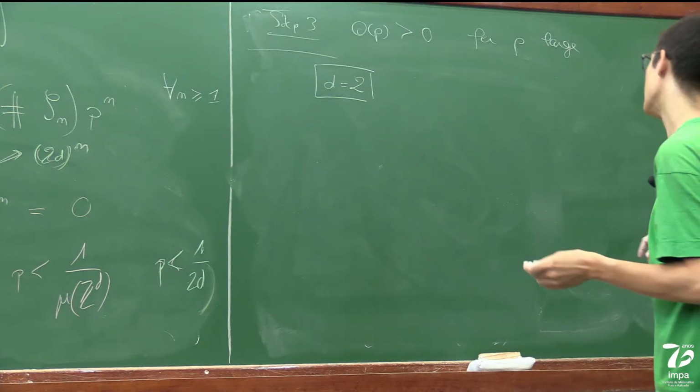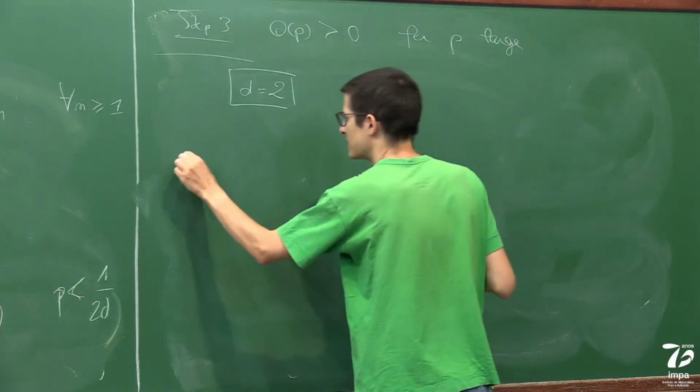So why is this possible? Well, let's imagine that d is larger than 3.